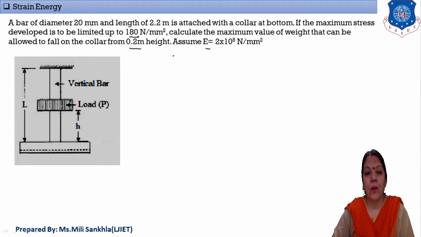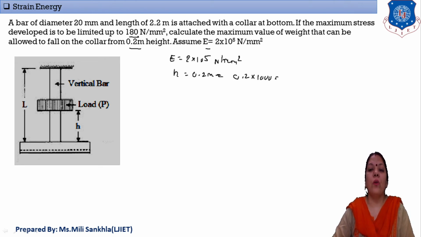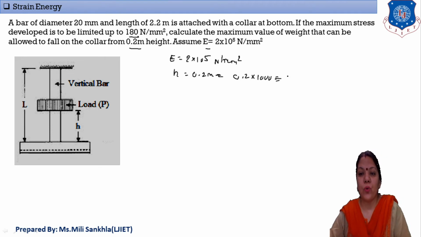Young's modulus E is equal to 2 into 10 raised to 5 Newton per mm square. Second value is height, height is equal to 0.2 meter. That means 1 meter is equal to 1000 mm, so our answer is equal to 200 mm.